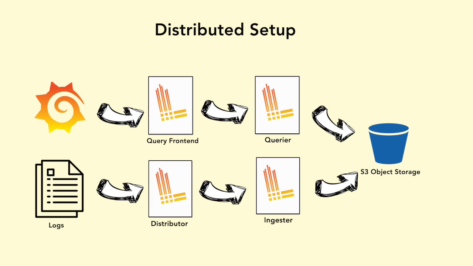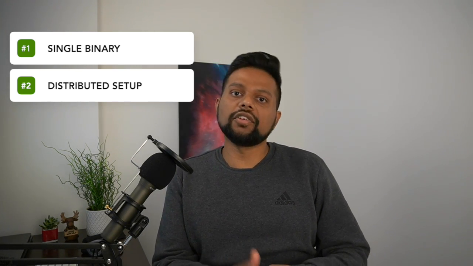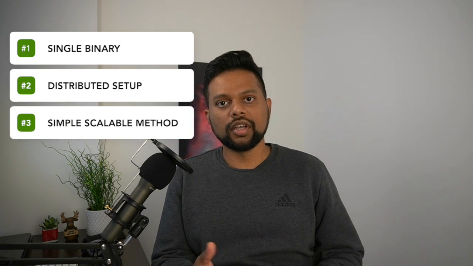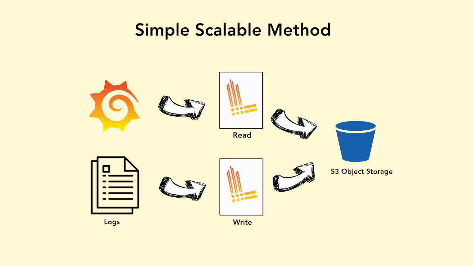I'd highly recommend this setup for larger environments which get gigs and gigs of data per minute. The third and newest way of deploying Loki is the simple scalable method, which actually scales out only the read and the write components easily and does not worry about the complexity of different components of Loki. And this is the actual setup we're going to take a look at in the demo section.